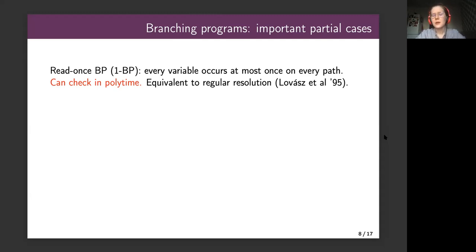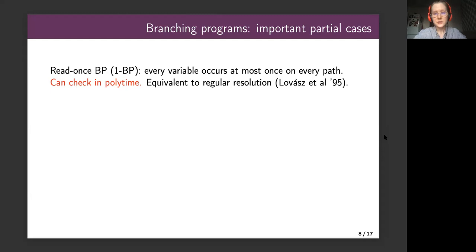And it turns out that these read-once BPs are equivalent to regular resolution, and this connection is widely used in proof complexity, in some recent results also. For example, the results about the complexity of the clique problem in regular resolution, and others.